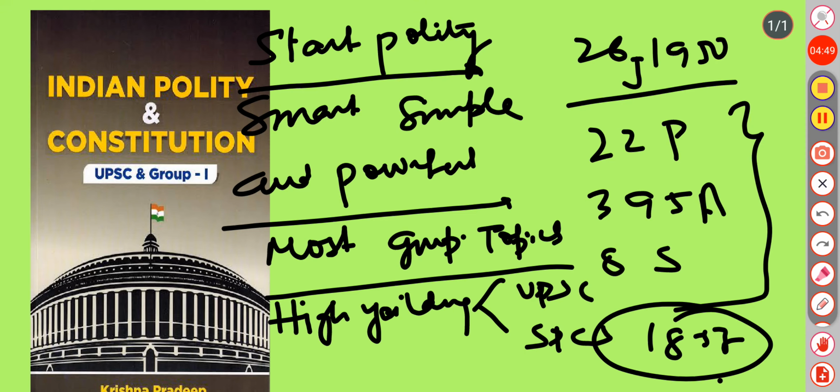Under this, the trade monopoly of the East India Company came to an end, and Christian missionaries were allowed to spread their religion in India. So this is important, and it happened under the Charter Act of 1813, right.